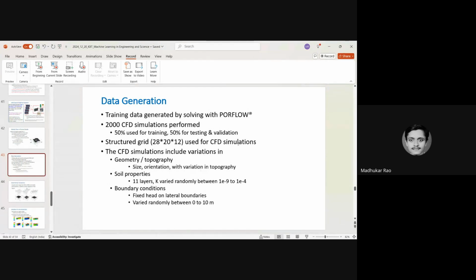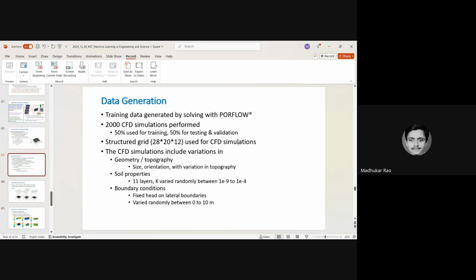So the CFD simulations include variations in the geometry and topography of the soil. So we had different soil layers at different depths. Typically, we did the simulations with up to 11 layers, with the hydraulic conductivity varying very substantially from 10 to the minus 9 meters per day to 10 to the minus 4 meters per day.